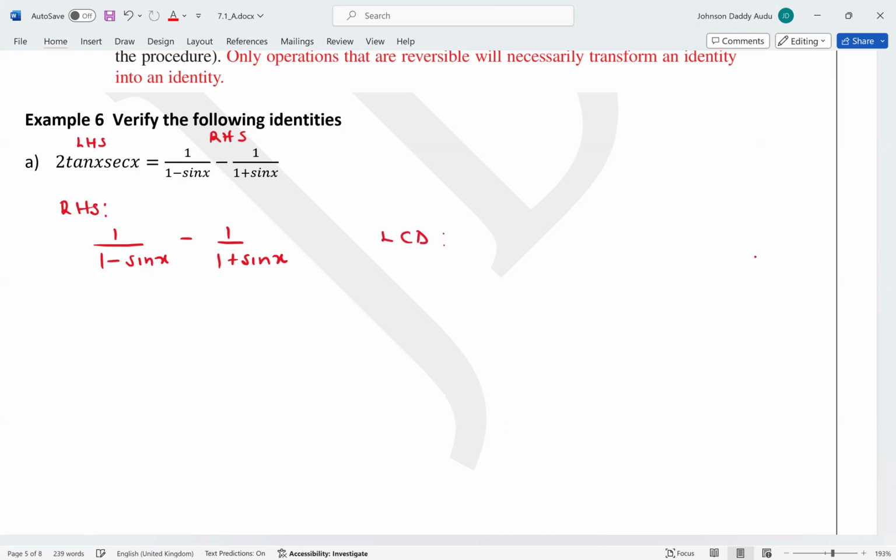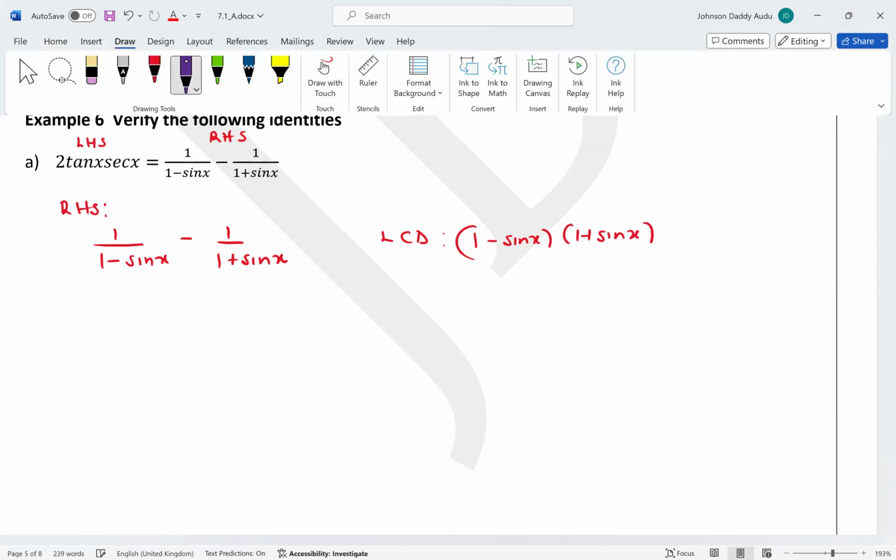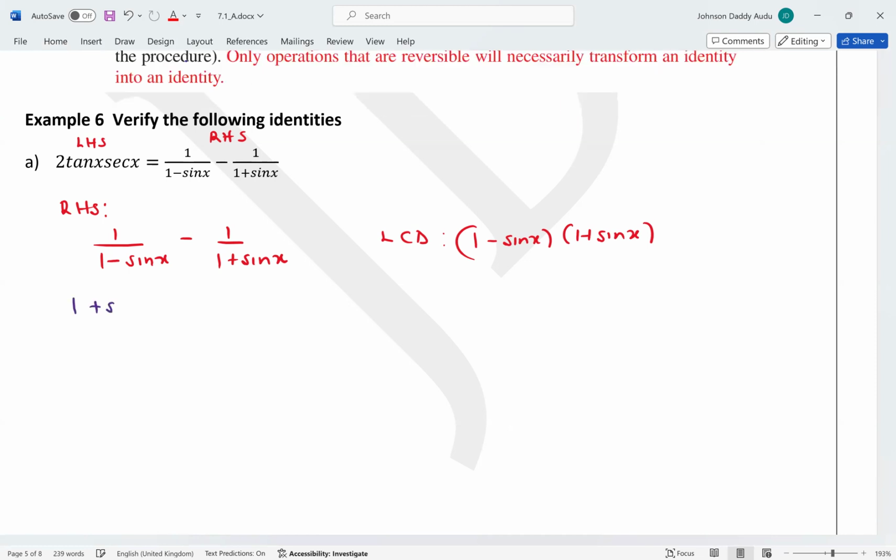Our LCD is just going to be 1 minus sine x and 1 plus sine x. So if we multiply by the LCD, this will become 1 plus sine x over 1 plus sine x, and here we can multiply by 1 minus sine x over 1 minus sine x.